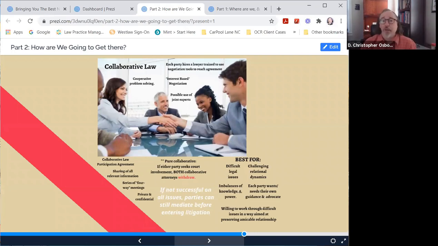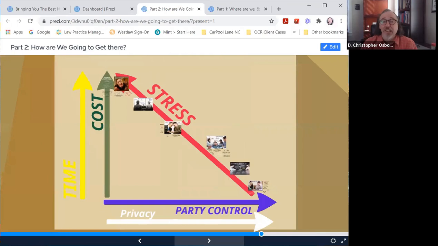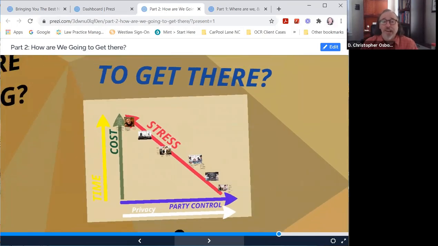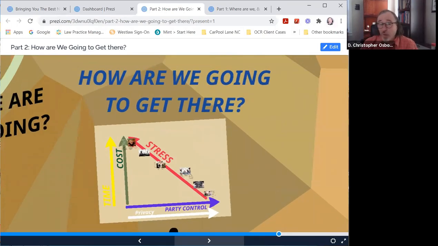If I am representing the person who is initiating the separation proceedings, then one of the first things we do is communicate with the other side, with their spouse, to find out what they want to do. What is the method that they're going to choose? And if we can, I like to try to encourage that spouse to find a collaborative lawyer.